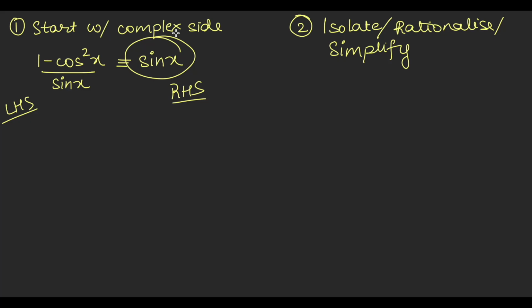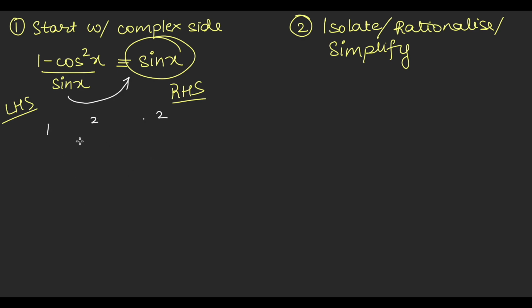What do I mean by this? If this was my identity, I can't take sin x to this side and say 1 minus cos² x is equal to, because I multiplied sin x with sin x, sin² x. Hence, I've proven the equation. No, that cannot happen at all.